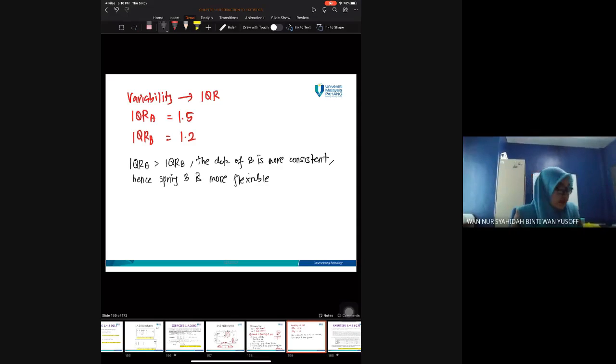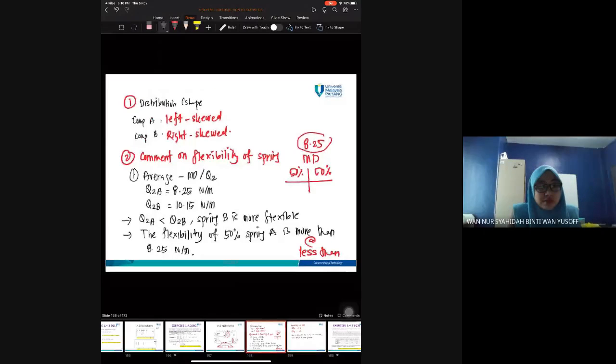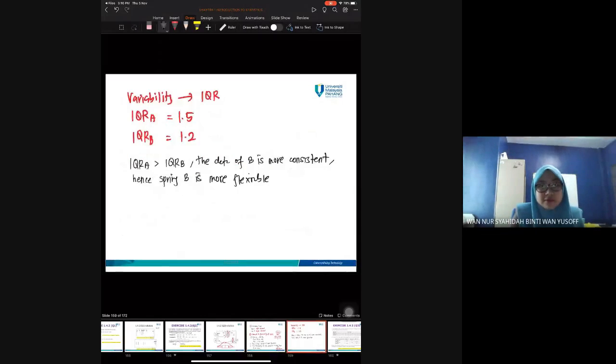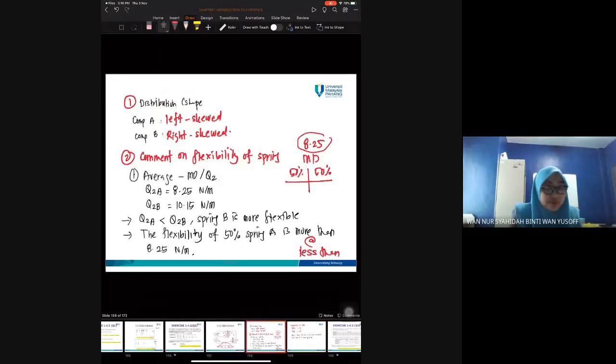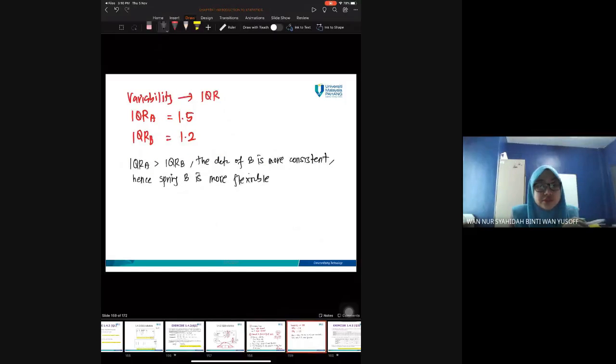So based on this, it doesn't matter what value you use, the average here or the variability here, you have to come up with the same decision. Which one is the best one? Based on the average we get B, and also based on the variability you should get B. They cannot contradict each other.